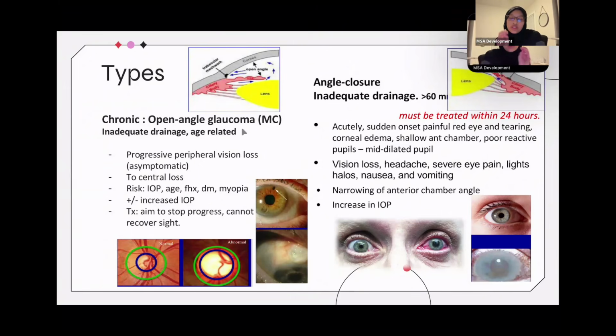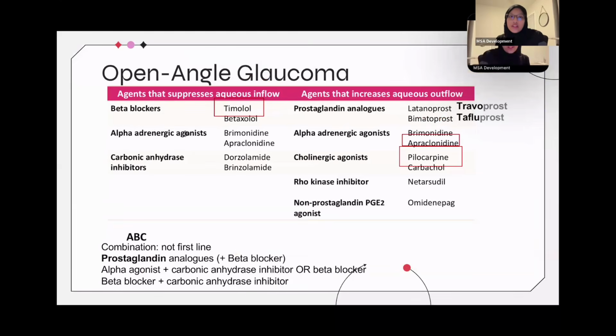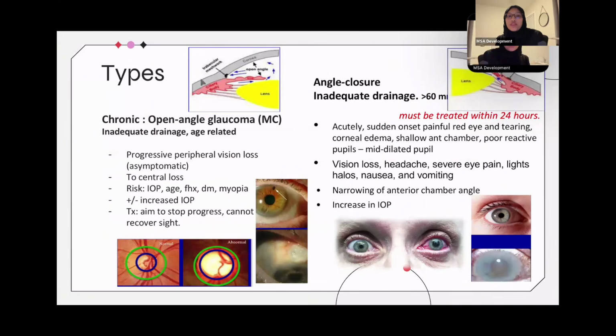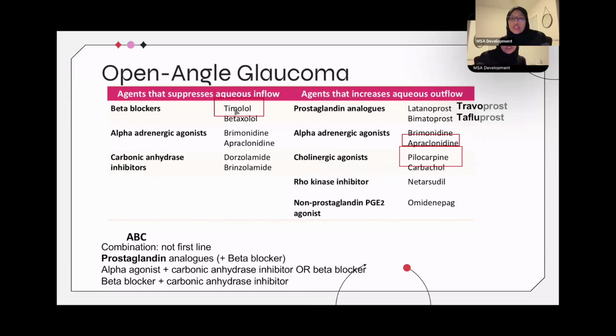For chronic, obviously there are pharmacological agents, and the goal is to reduce intraocular pressure. In open angle glaucoma, you have drugs that suppress the cells from making fluid, or drugs that increase outflow. So increase outflow or decrease fluid production.